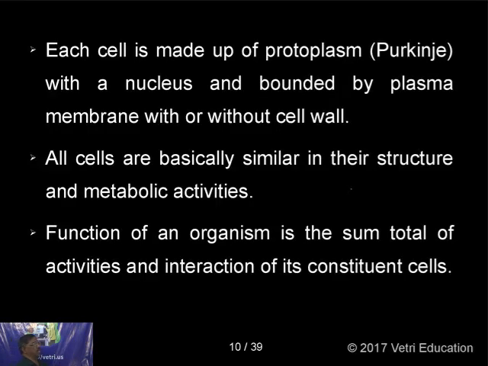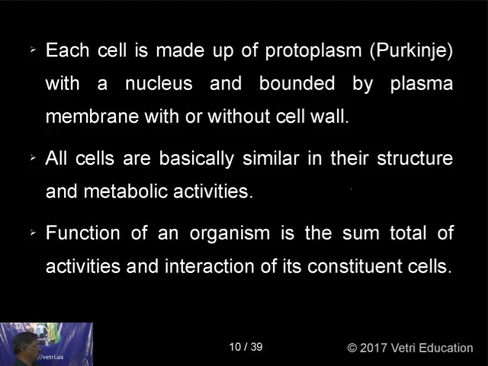Each cell is made up of protoplasm with a nucleus, bounded by a plasma membrane, with or without a cell wall. A cell wall is present in plants, and absent in animals. So there is a nucleus surrounded by the protoplasm, and an outer plasma membrane. Outside this plasma membrane there may or may not be a cell wall.